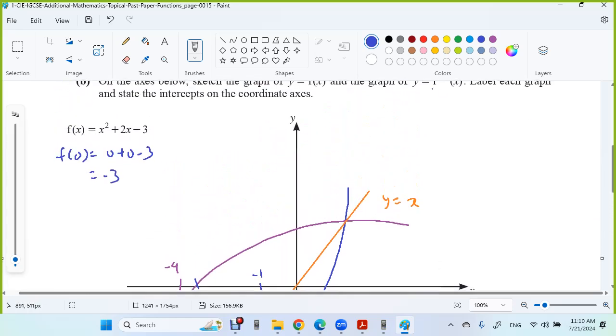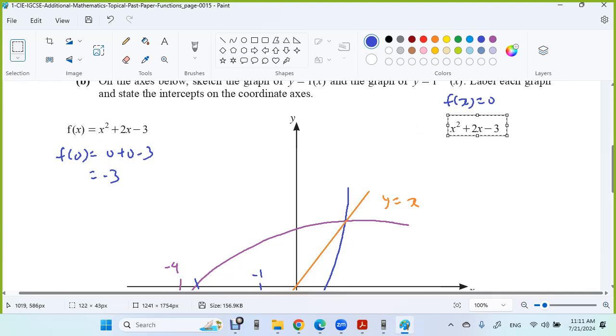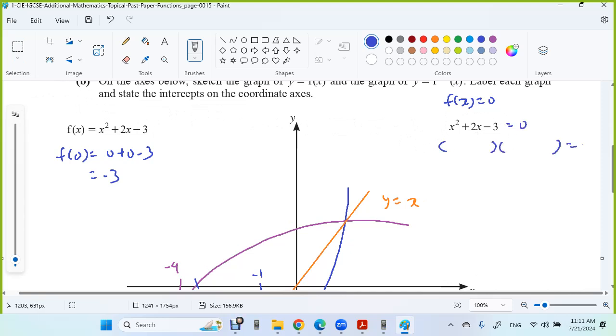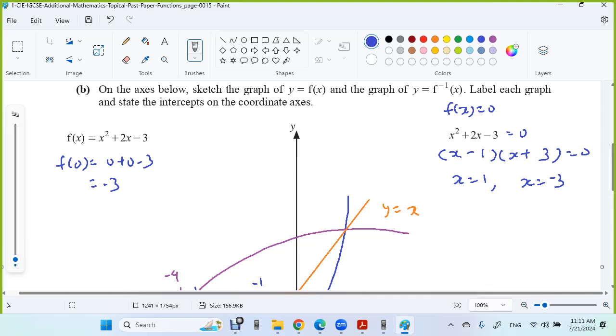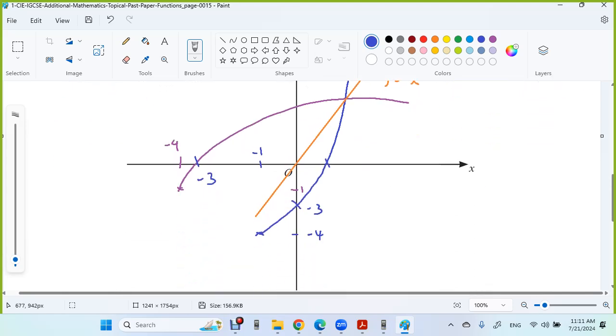Then if f(x) equals 0, then x squared plus 2x minus 3 equals 0. Factorizing, we have (x plus 3)(x minus 1), so x equals 1, x equals -3. So this one is 1, and this one also 1.